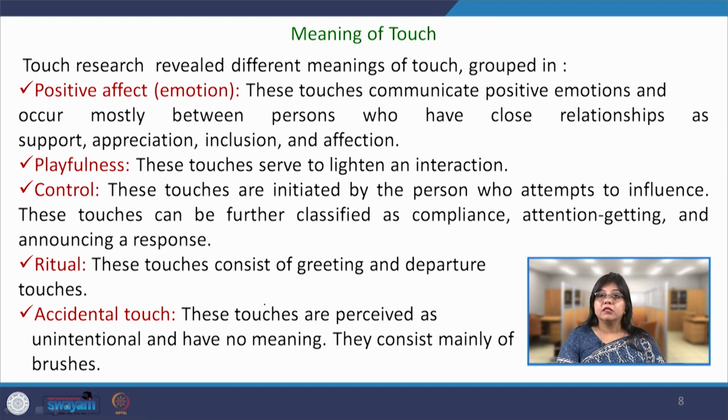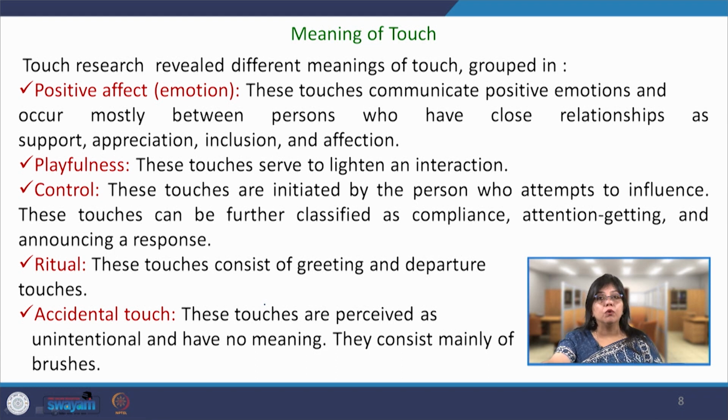Control, this touch is initiated by the person who attempts to influence. These touches can be further classified as compliance, attention getting and announcing a response. You can take the other person holding the hand and then announce some exciting news. Then you are actually controlling that environment so that the message can be easily delivered to the other person or to the other members in the public event or group event or any social event.